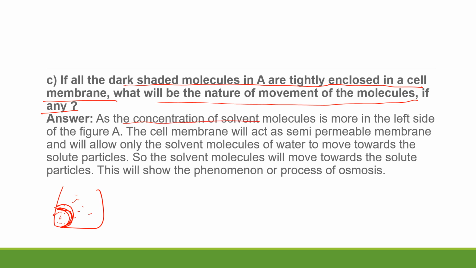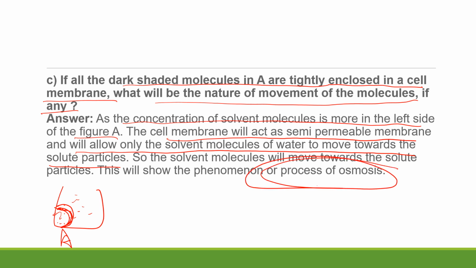As the concentration of the solvent molecules is more in the left side figure A, the cell membrane will act as a semi-permeable membrane and will allow only the solvent molecules of water to move towards the solute particles. So here the process will be osmosis. It will pass through the semi-permeable membrane, and so the solvent molecules will move towards the solute particles.